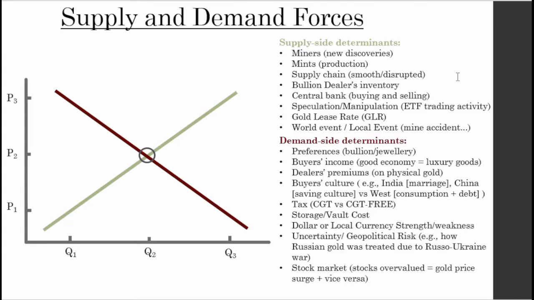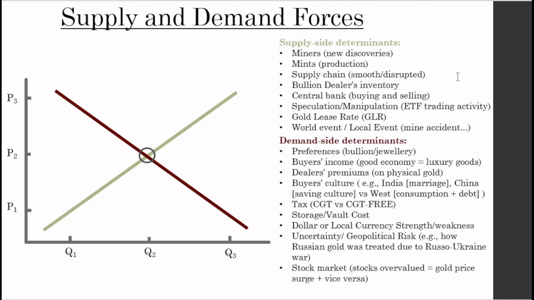So let's think about a disrupted supply chain. A disrupted supply chain would be like high oil or fuel prices. So that will mean that it's going to be more expensive for suppliers to deliver gold to bullion dealers. So that's kind of like from mines to bullion dealers perhaps.